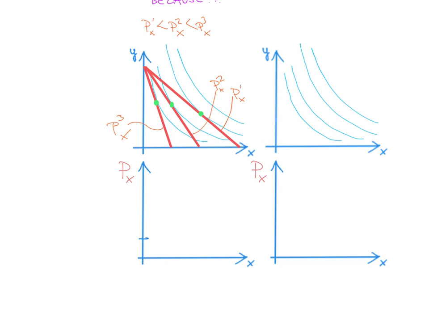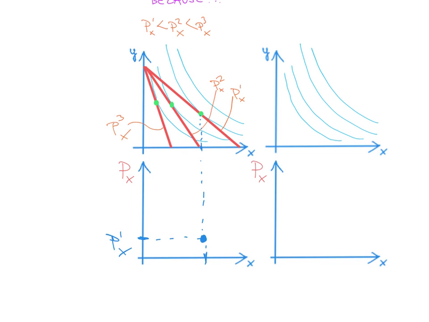That's the lowest one. At P1, how much does this consumer demand of X? This is how much. So I'll transfer that down to this picture right here. I'm just going to note that at P1, this consumer demands this much of X, right?